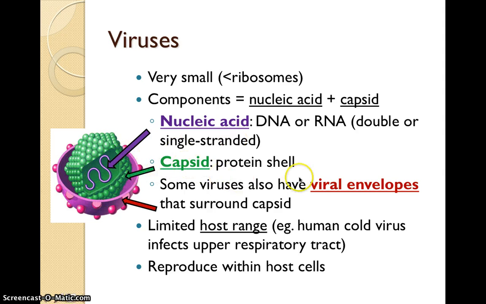It's a shell that protects the material, the information, the blueprint of these viruses. Some viruses also have the viral envelope that helps them fuse into the cell rather than inject their RNA or DNA into the cell. That's something very different, and only some of the viruses have it.